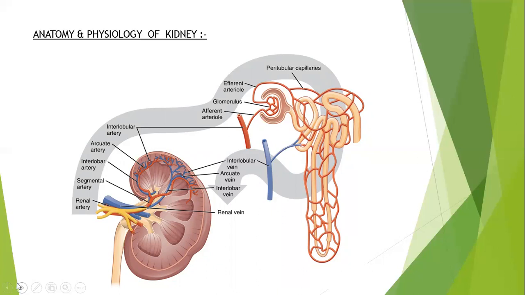Branches of the renal artery give rise to afferent arterioles, which divide to form glomerular capillaries. These in turn unite to form the efferent arterioles, which supply blood to the renal tubule. The important function of the nephron is to maintain the normal composition and volume of the blood.